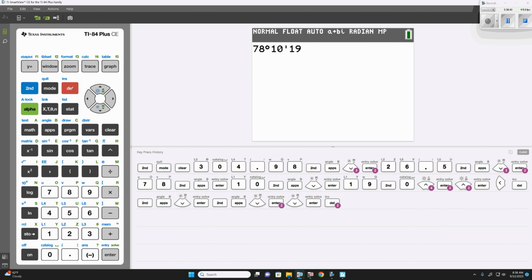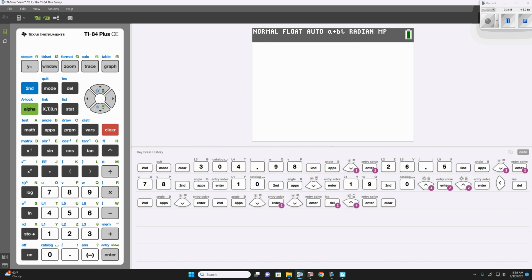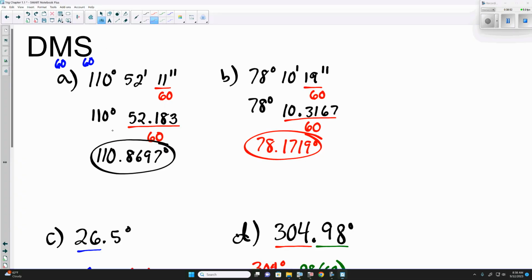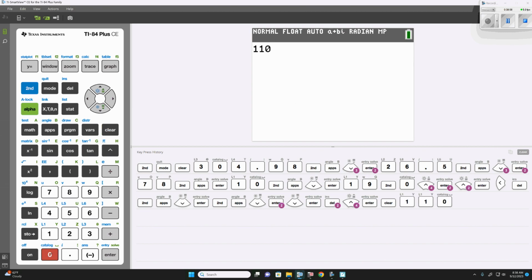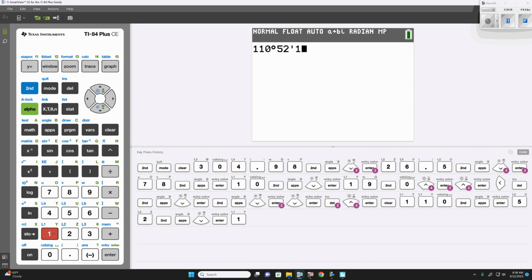Yeah, we'd have to type them in separately. And we could do the same with the other one: 110 degrees, 52 minutes, 11 seconds, 110.8697, exactly what we got, yes? So we have this here. Now we're going to stop at this point.